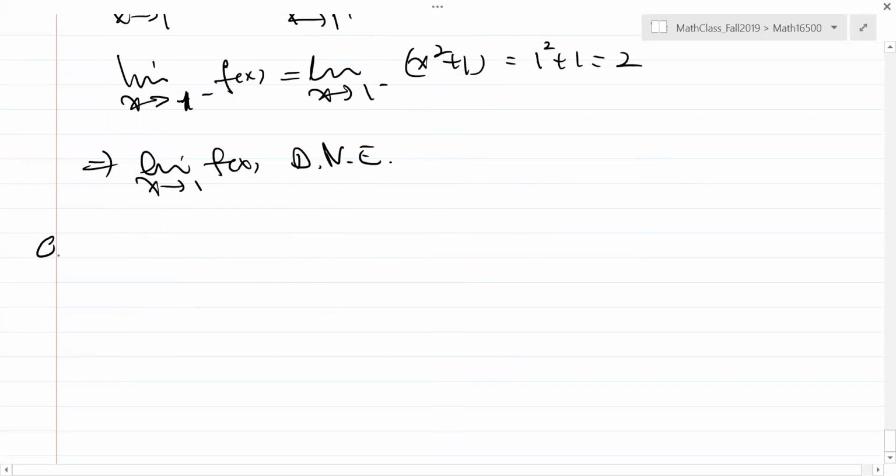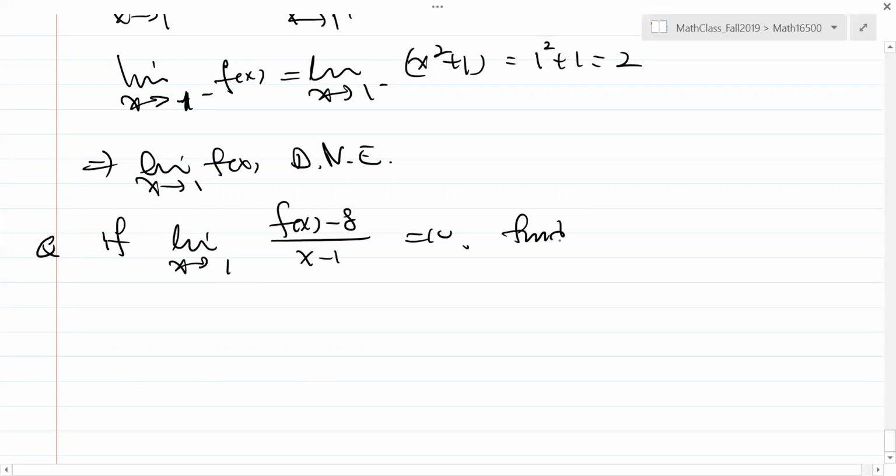Okay, let's look at a strange problem. As x approaches 1, the quantity f(x) minus 8 over x minus 1 is equal to 10. Find the limit as x approaches 1.